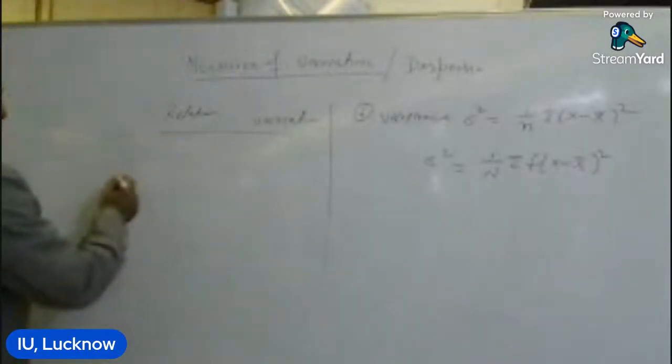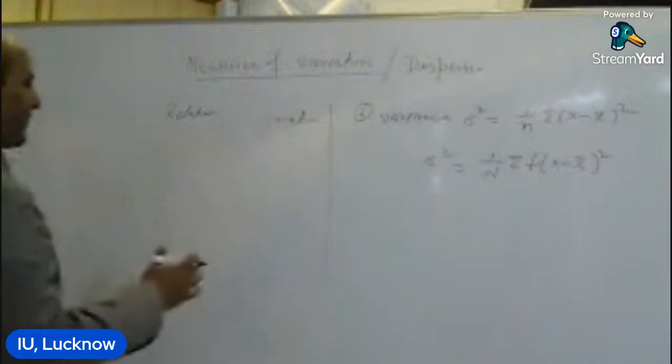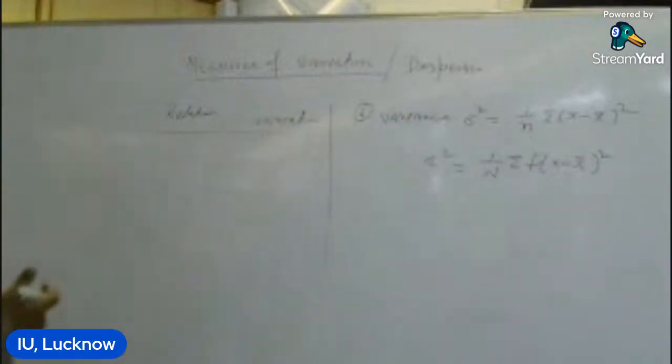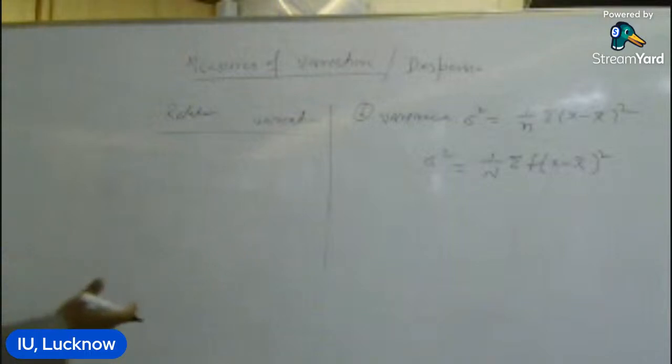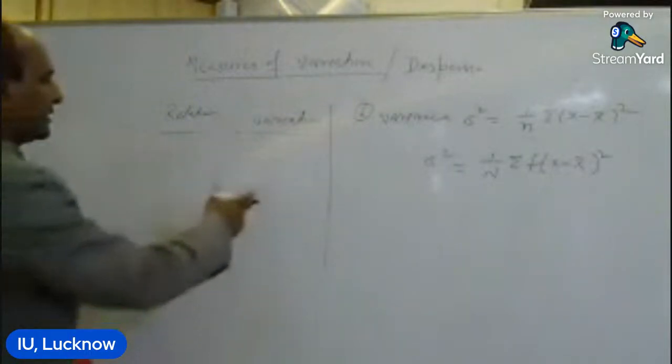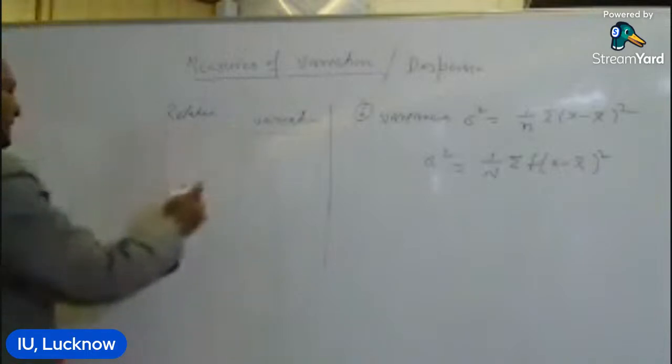In absolute variation we use the range. In relative variation we will use the coefficient of range.